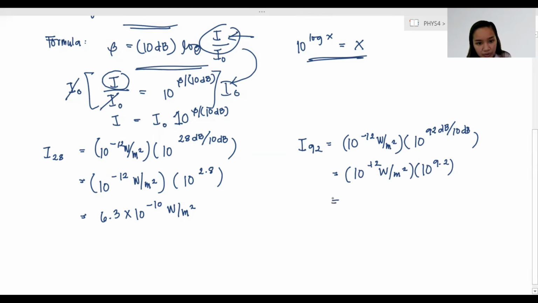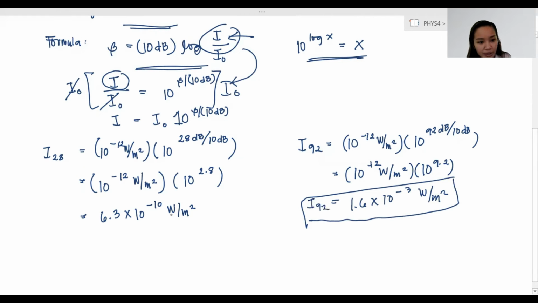So this will give you 1.6 times 10 raised to negative 3 watts per meter squared. So this is now our corresponding sound intensity for 92 decibels, and the previous one is for the 28 decibels.